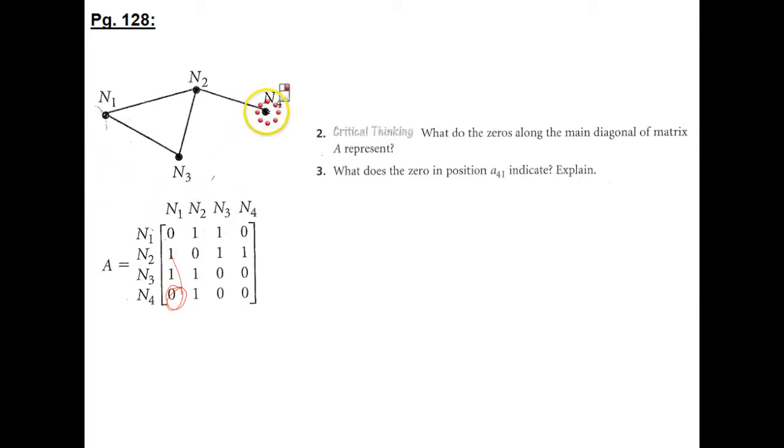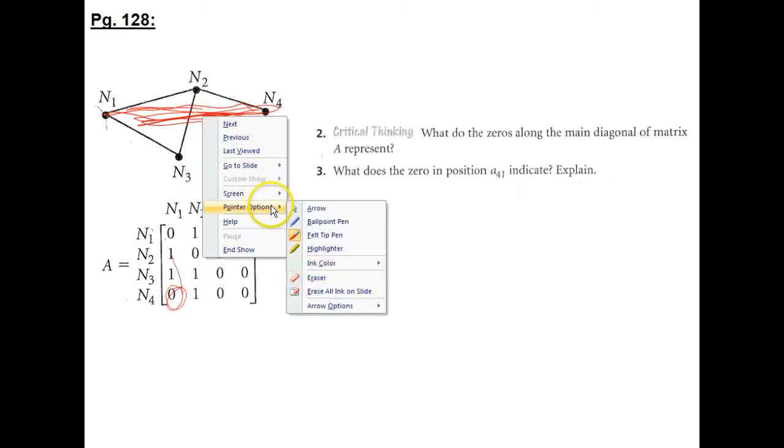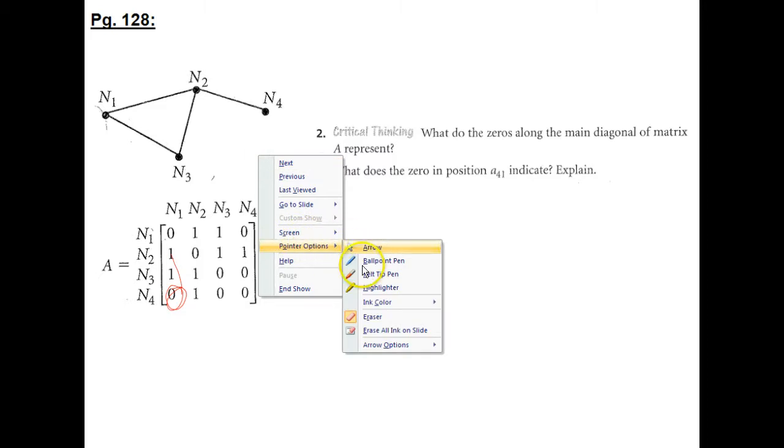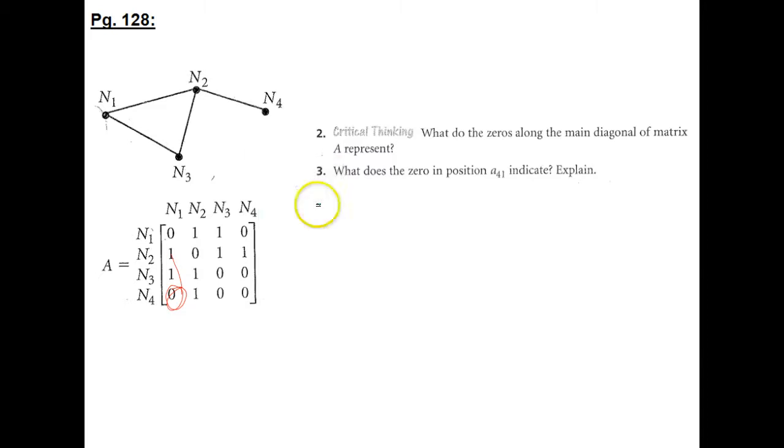If I look from here to there, in order to have a 1 there, I'd have to have a straight line path. Now, that's multiple lines. So if there was a path from N4 to N1, then we'd have a 1 there, but we don't.